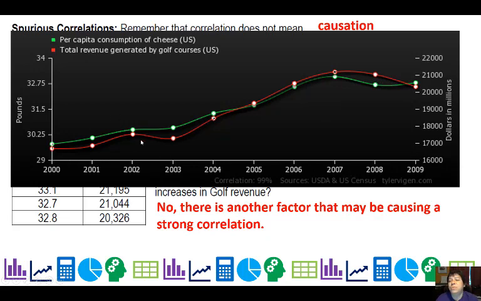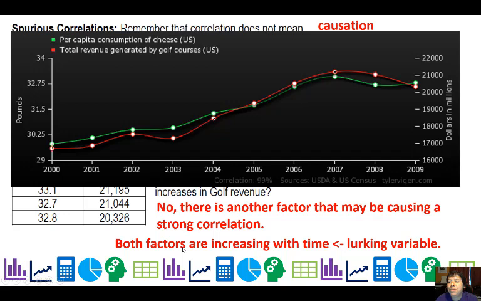And 2001 was kind of slow because of September 11th. So there can be other factors affecting both revenues, and it's not really cheese consumption causing golf revenue. So both factors are increasing with time, and time is your lurking or confounding variable.